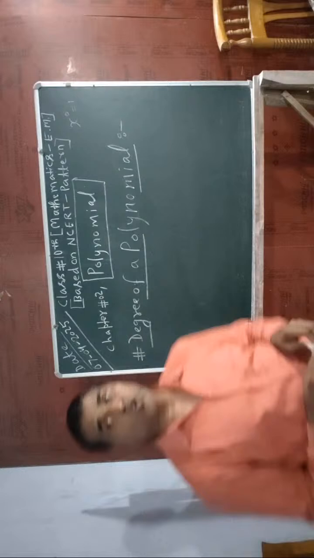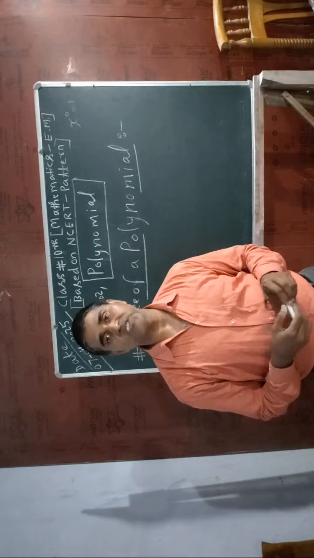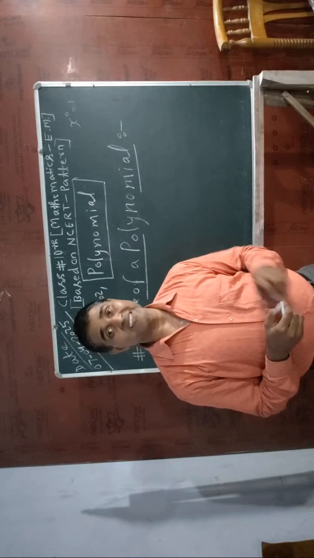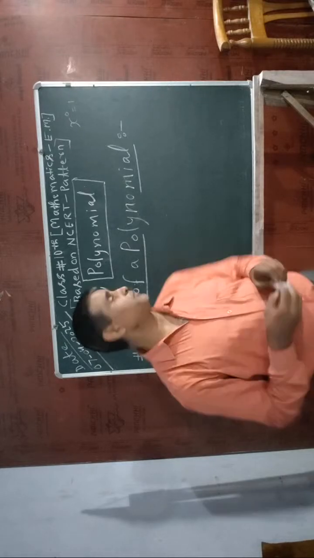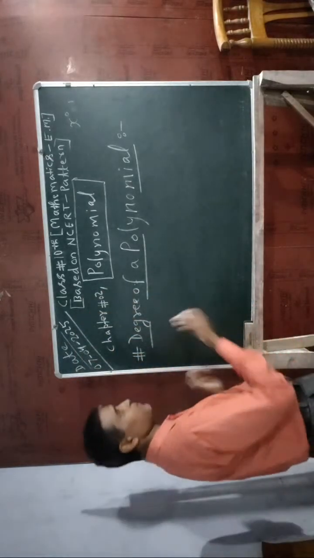If any polynomial is given and the question asks what the degree of the polynomial is, you have to explain. Now I am going to explain the degree of a polynomial.